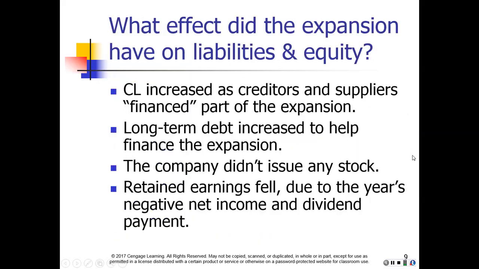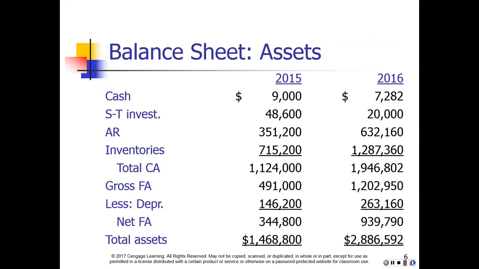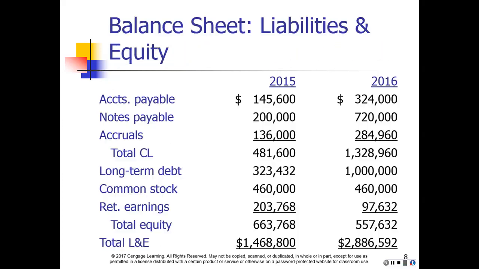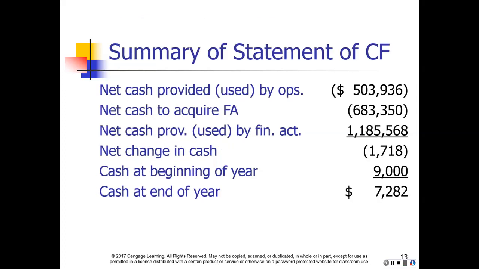We go back and look at the asset side of the balance sheet, we see that it went down from 9,000 to 7,282, and that is where the cash went, as what we saw in the statement of cash flows. So that's how we got to 7,282 from 9,000.